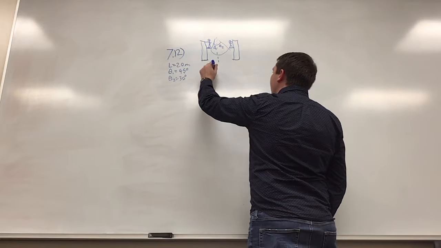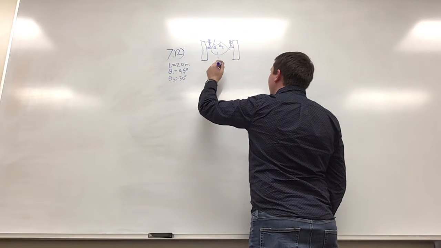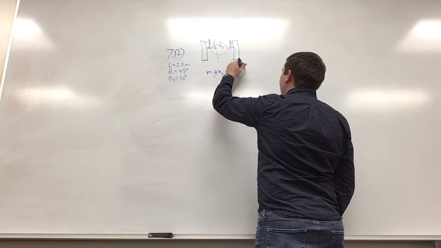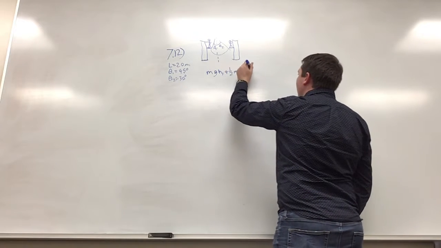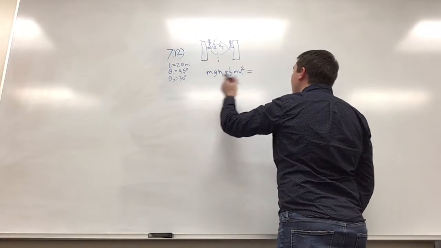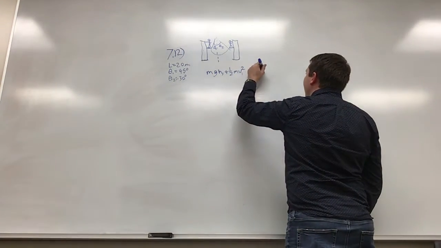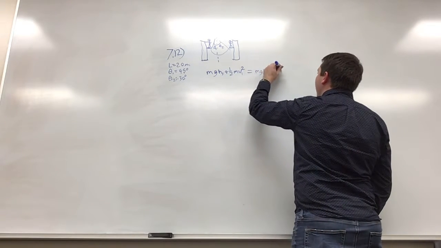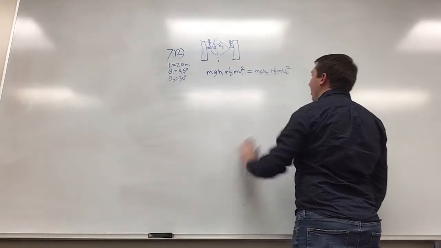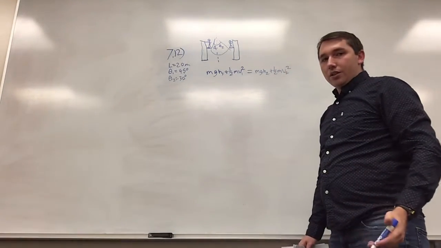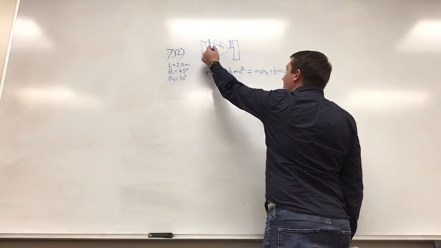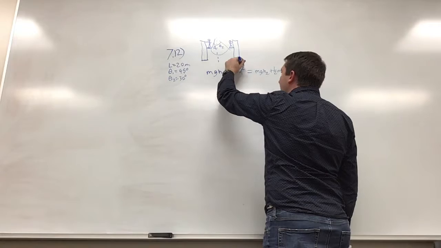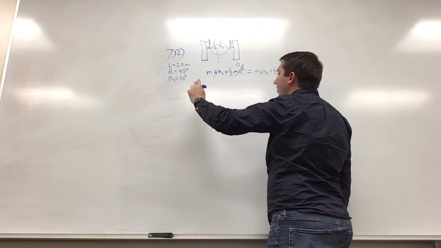So we know that mass times gravity times the first height, plus 1/2 mass times the first velocity squared, is going to be equal to mass times gravity times the second height plus 1/2 mass times the second velocity squared. Initially when Tarzan's over here, he has no velocity, he's at rest, and so this term goes to 0.